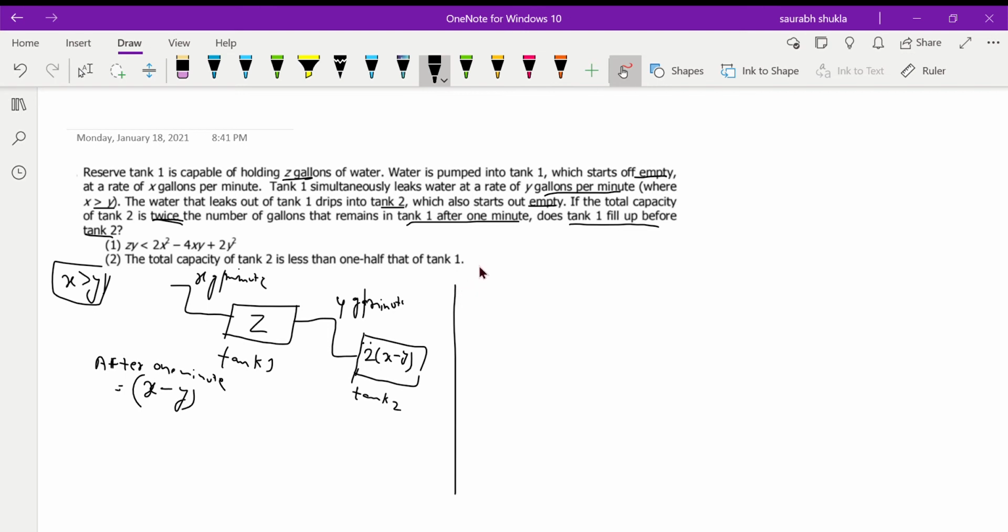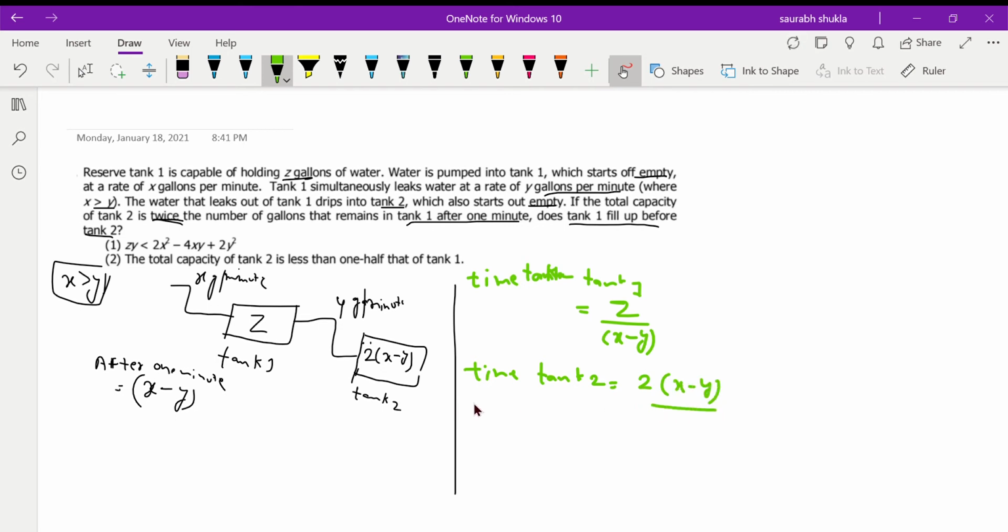So let me first find out the time taken to fill tank 1. It's going to be its total capacity divided by the rate at which it is being filled. So the time is Z divided by the rate X minus Y. Similarly, the time taken to fill tank 2: we know the capacity of tank 2 is 2 times (X minus Y), divided by the rate at which it is being filled, which is Y gallons per minute.